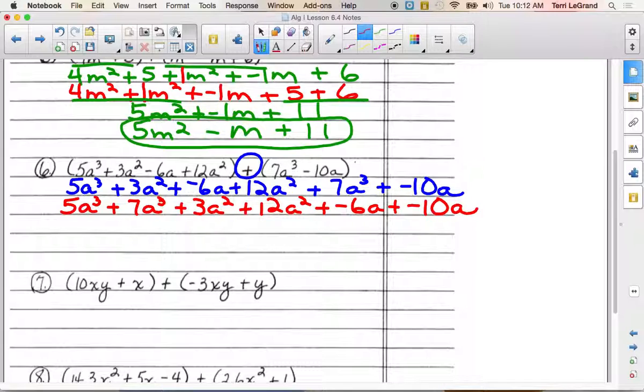Really good idea: count the monomials to make sure you don't lose any along the way before you start combining the like terms. I had 6 in the beginning, and before I even start combining my terms, now I see I still have 6, so all is well. And now I can start combining like terms.